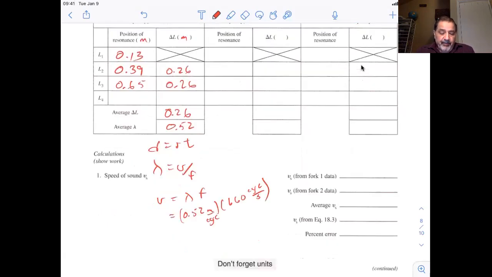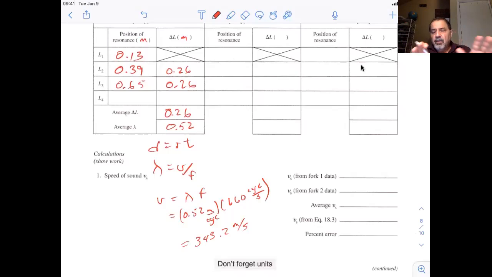So let's do 0.52 meters, and then 660. I get 343.2 meters per second.